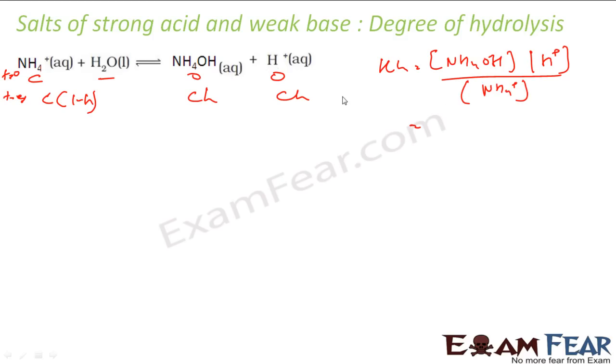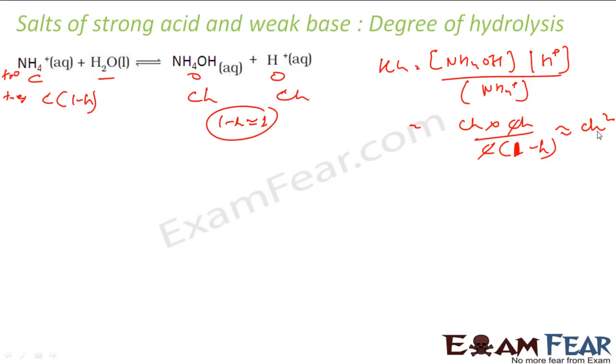The concentration of NH4OH is Ch, concentration of H plus is Ch, and this is C into 1 minus h. It cancels, and 1 minus h is almost equal to 1 because the hydrolysis is very small. So you can assume this is nothing but Ch square. So my Kh is nothing but Ch square.